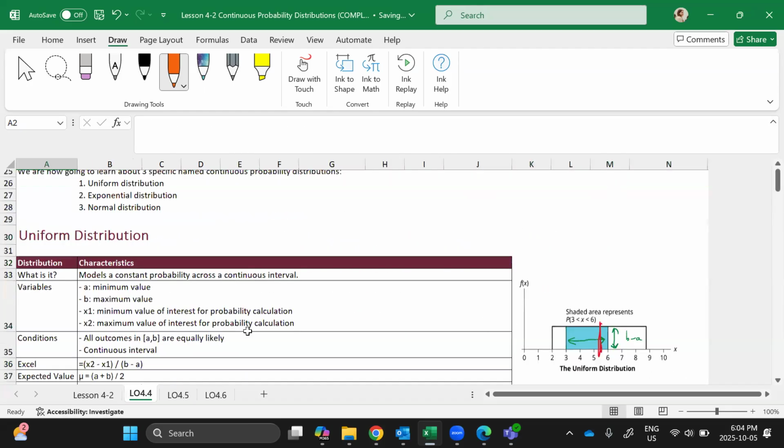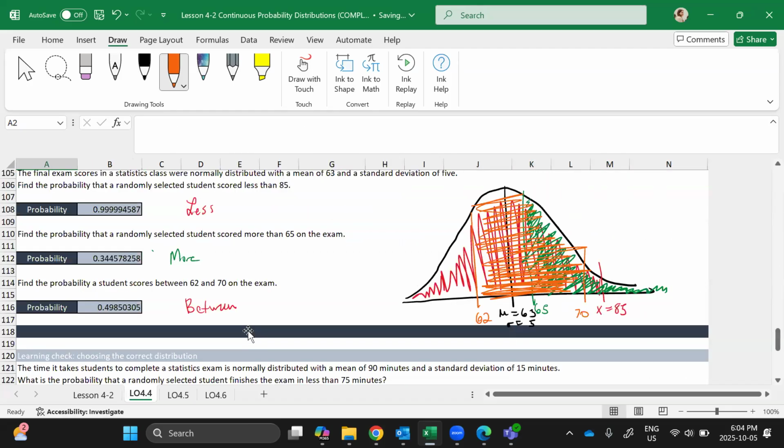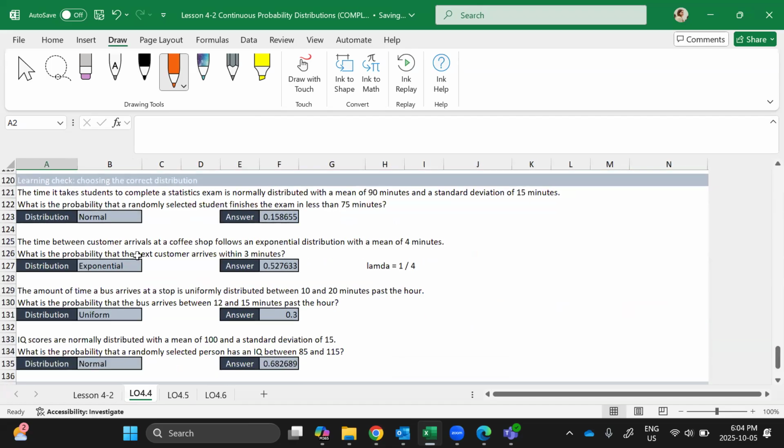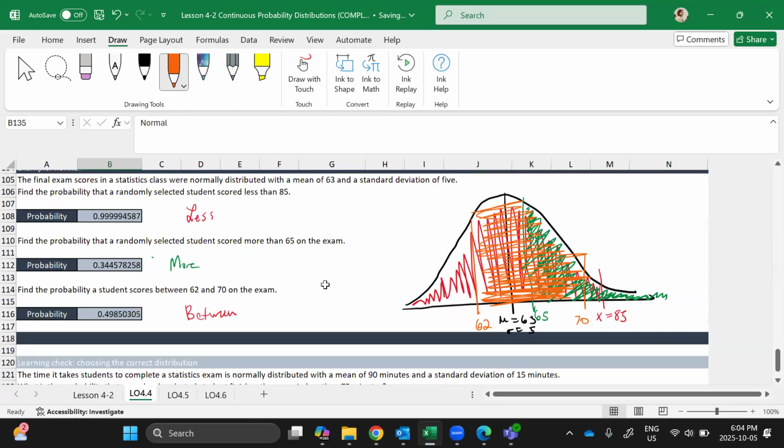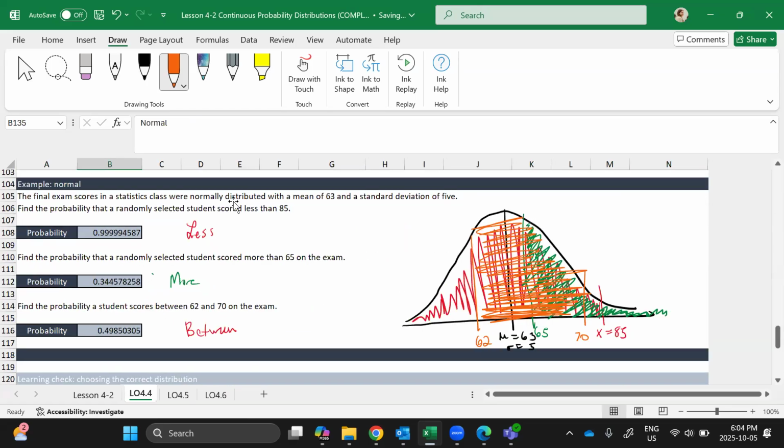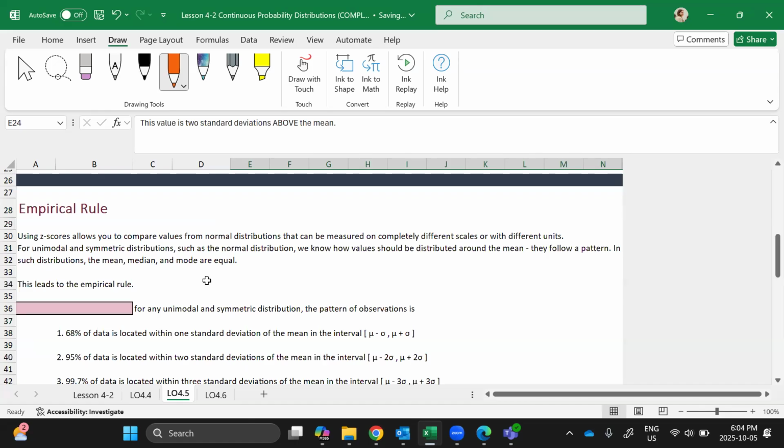Like in the last example, we saw normal distributions for height, for blood pressure, for test scores, for IQ scores, for, again, test scores is a common one, but they are measured in different units. So no matter what the different units they're measured in are, you can use standardizing and calculating the z-scores to compare the distributions, even if they're on completely different units originally.